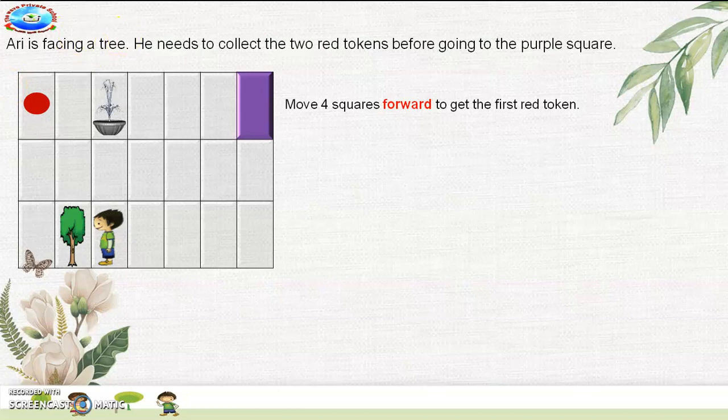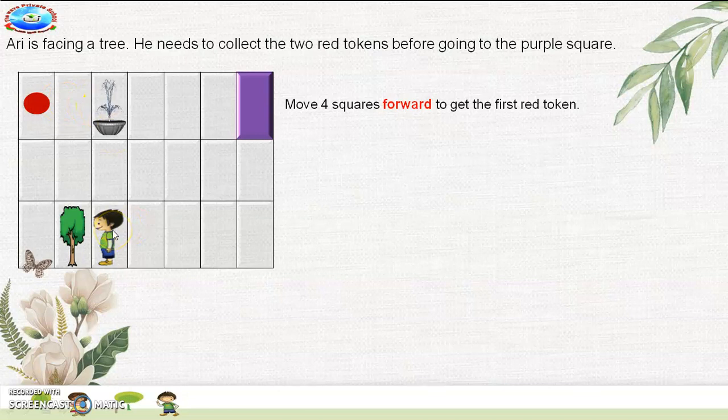Either he can go through this path or he can go through this path, that is the path containing the water fountain. Also he can go through this path. There are different paths, but here I am going to show the path through the water fountain.